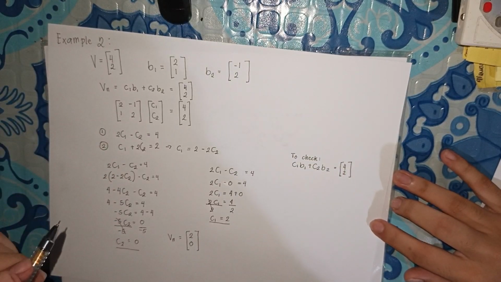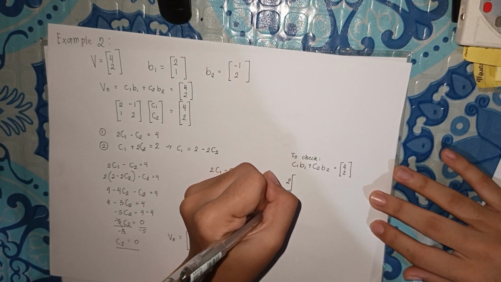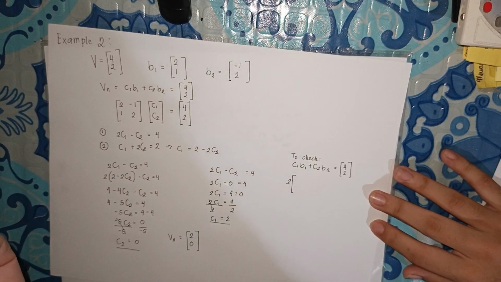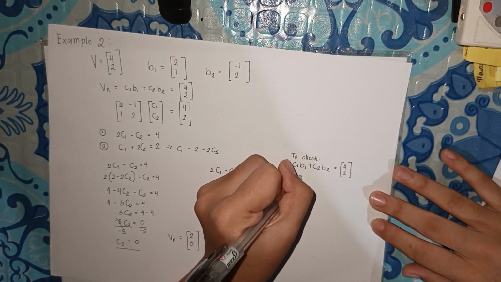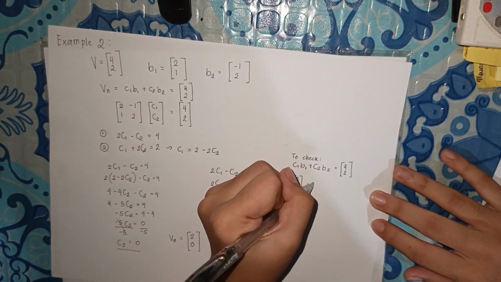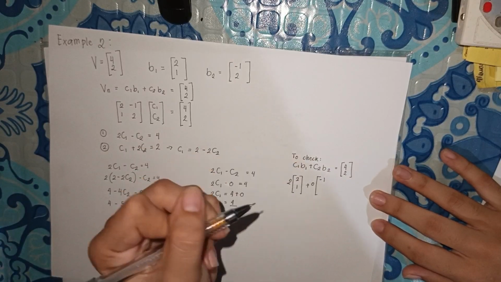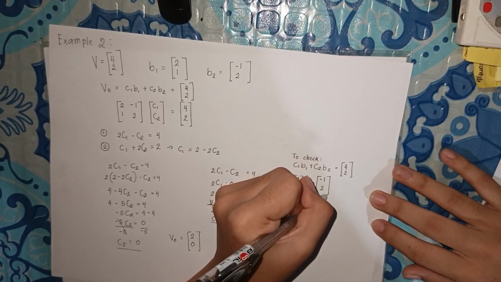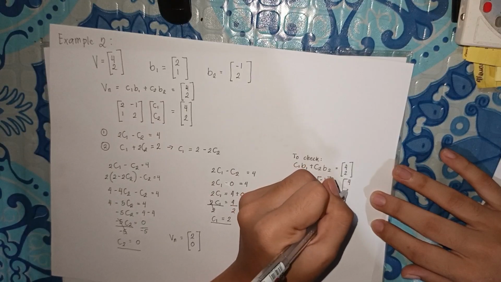So substitute. Scalar 1, so 2 times basis 1, which is 2 and 1, plus scalar 2, which is 0, times basis 2, which is negative 1 and 2, is equal to 4 and 2.